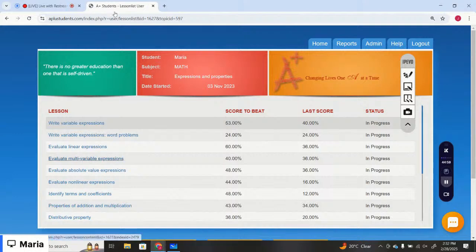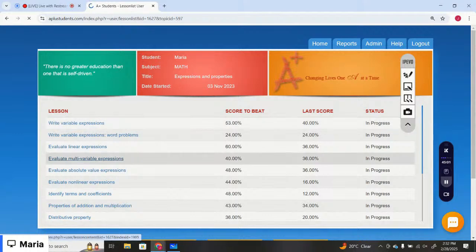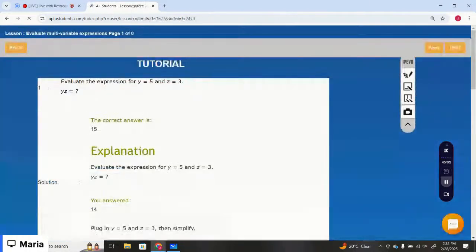The next one is evaluate multivariable expressions. Let's just start with the lesson. So you have more than one variable now. Evaluate the expression for y equals 5 and z equals 3.